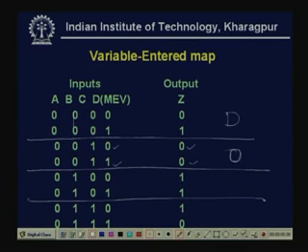Similarly, here my output is 1 for this combination, A bar, B, C bar. Earlier the previous one was A bar, B bar, C. This is A bar, B bar, C bar. This is A bar, B, C, and this is 0 1 1 0, which means it is actually the complement of D, D bar.